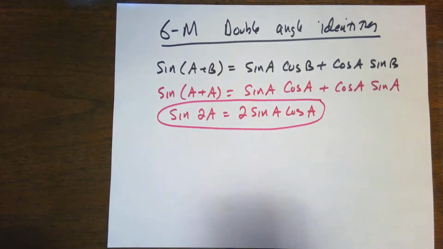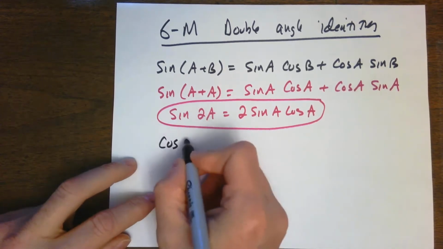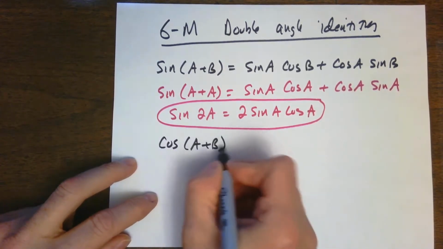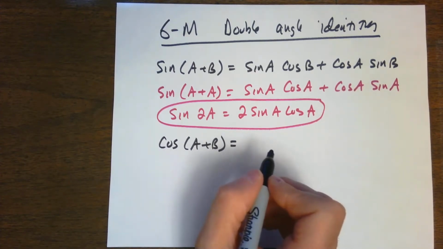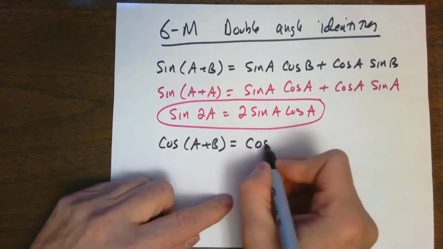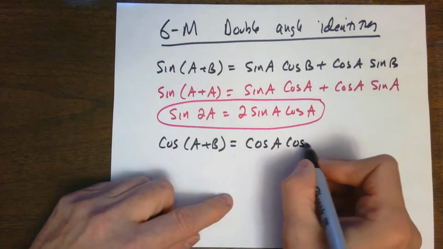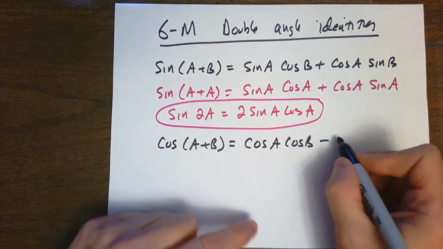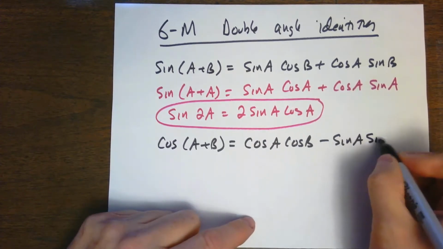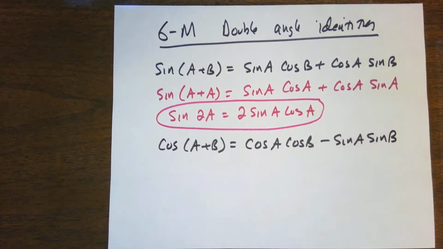Let's do the same thing for cosine. We know that the cosine of the sum of two angles, the cosine of A plus B, is the cosine A cosine B minus the sine A sine B. But now what if I let them be the same?